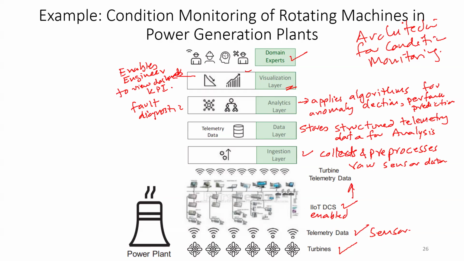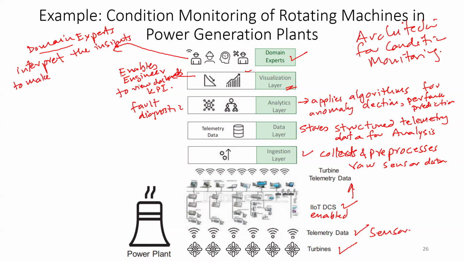So people at this level are the domain experts, and what they do is they interpret the insights to make, for example, maintenance decisions, and also they help us to optimize our operations.